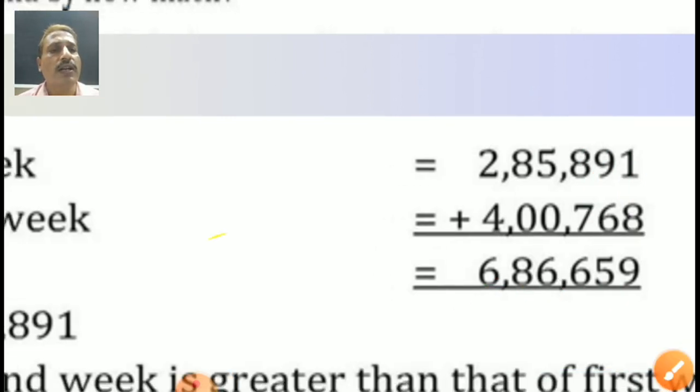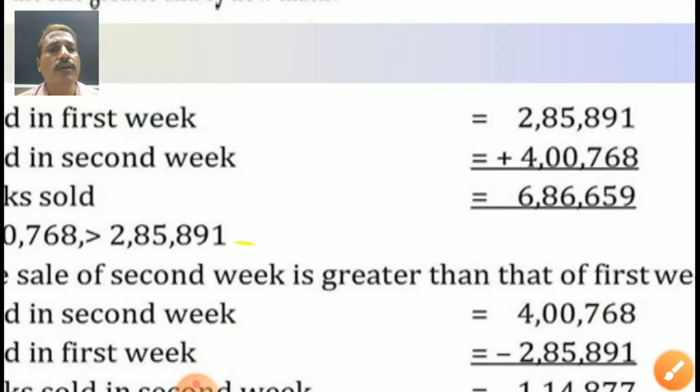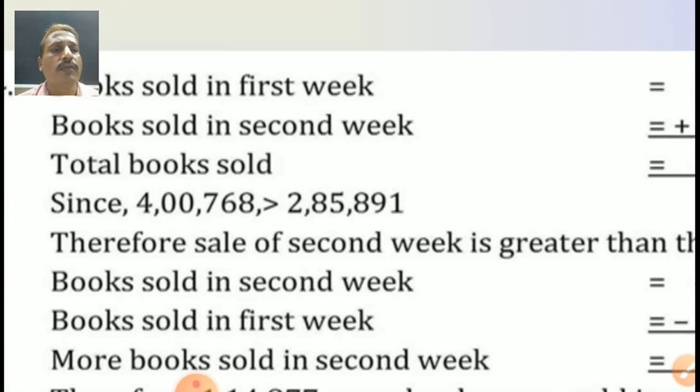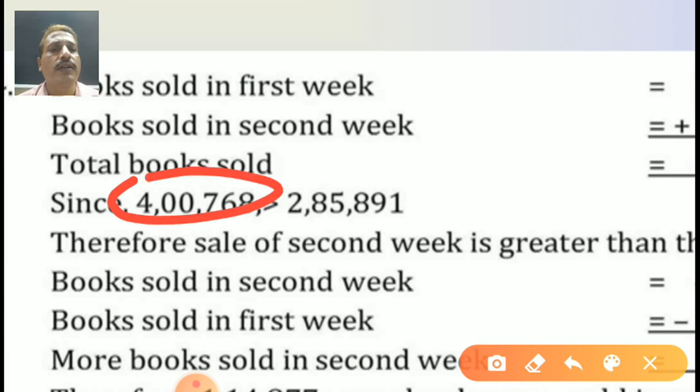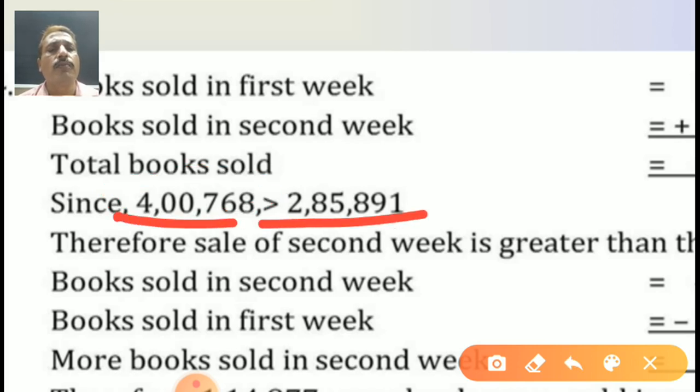Okay, now look here. Second, which is greater? Compare two numbers. You have two numbers. One is this one, the second one is this one. What do we have to compare? Yes, first of all check the digits. Both have 6 digits. So it is very difficult to check.